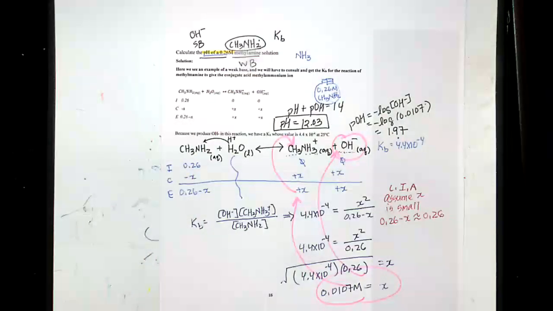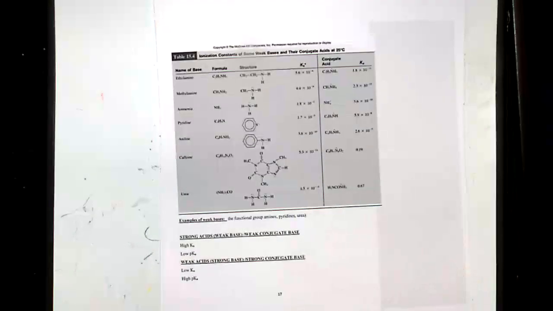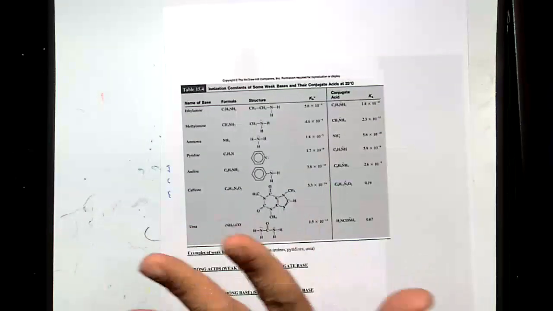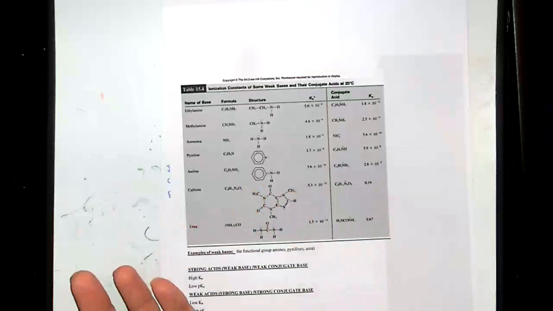All right, so make sure you know that if it's an amine, it's a weak base. What other weak bases are there? The other weak bases are on page 17. Okay, so if you go to page 17, you don't have to memorize them, but I would say just recognize that these are weak bases. So particularly the amines, ammonia.